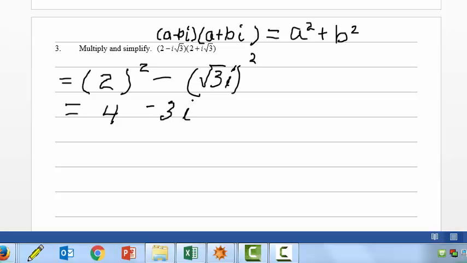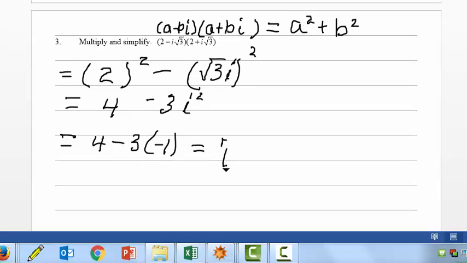And then I have to square the i squared. So 4 minus 3 times negative 1 is a positive 7. So this turns into 4 plus 3.